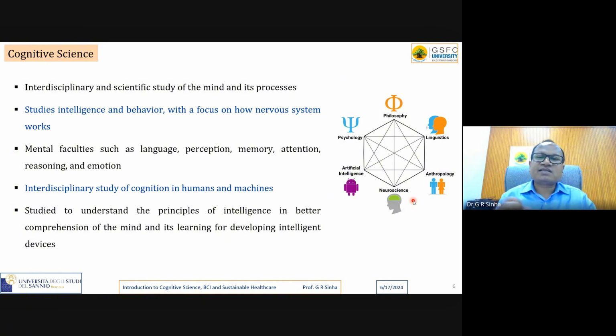Some studies suggest that 84 to 100 billion neurons are present in the human brain. Therefore, understanding the human brain is very complex. Those 100 billion neurons are interconnected and communicate with each other.